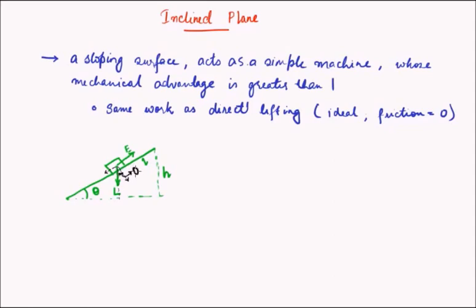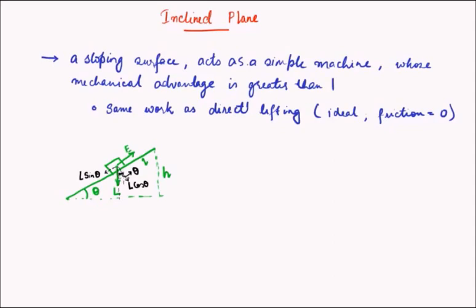This angle turns out to be theta. And when this is theta and this is L, then this component is L cos theta. This is theta, so this component is L sin theta. I hope you understand how I broke the components of the load.